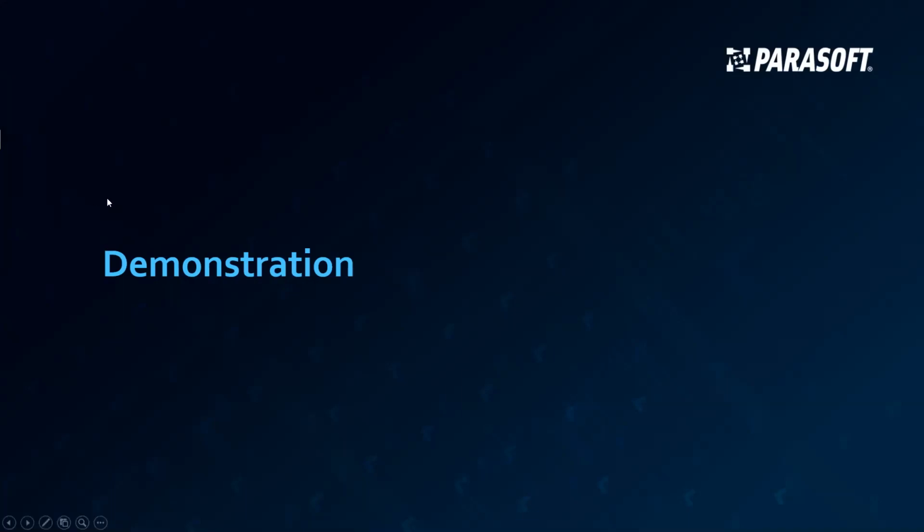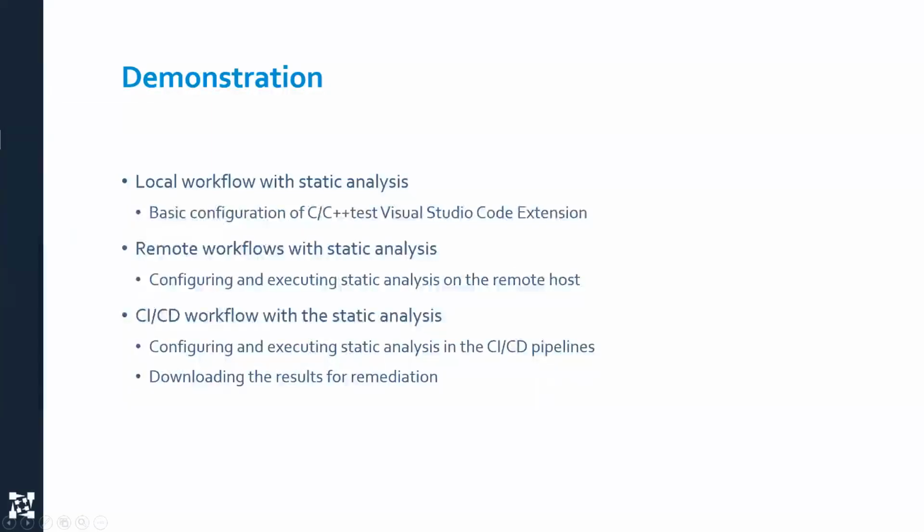So we are at the demonstration part now, and for the demonstration, I would like to show you simplified setups for each of the workflows we were discussing. In the first part, we will focus on the functionality of the Parasoft static analysis extension for the VS Code.